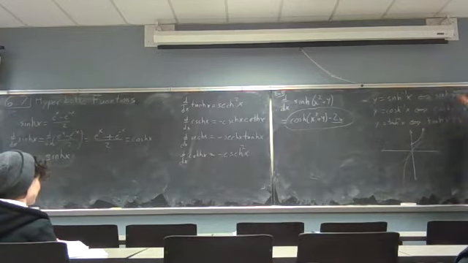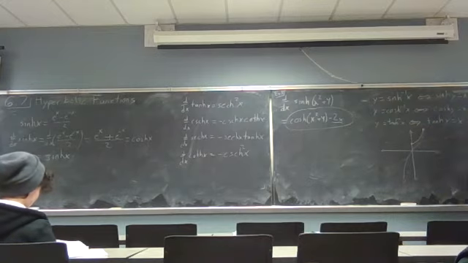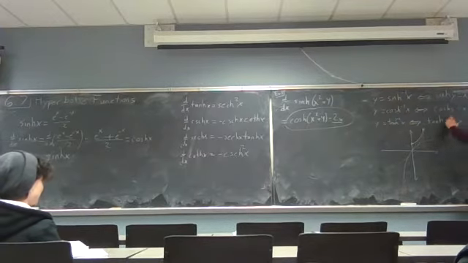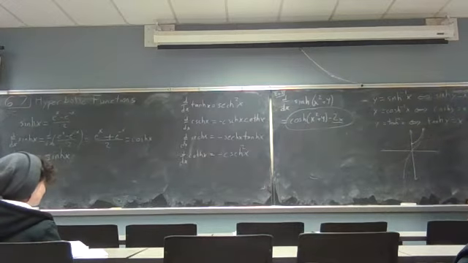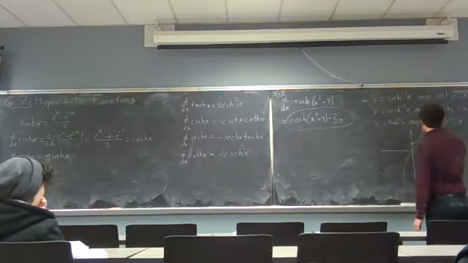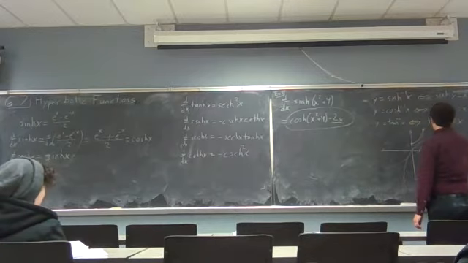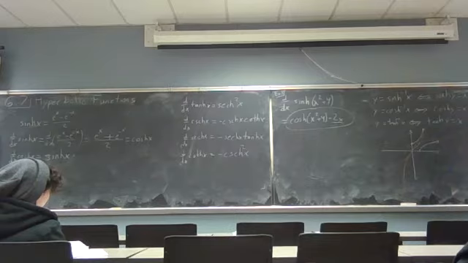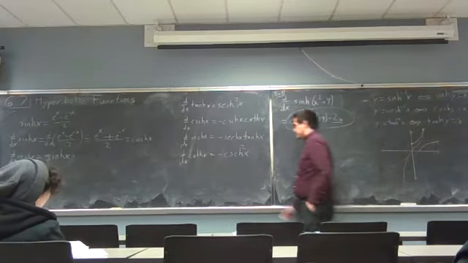Sinh and tanh are fine, but y needs to be greater than or equal to 0 for the cosh case. I should only have positive y values and not plug in negative y values for cosh. So its inverse graph is going to look something like this, maybe a little higher.